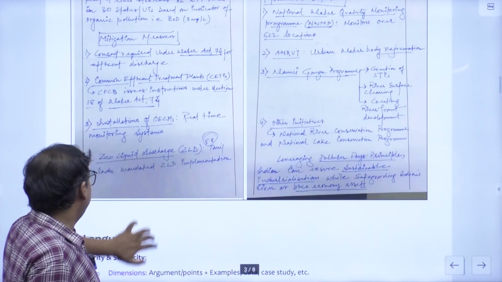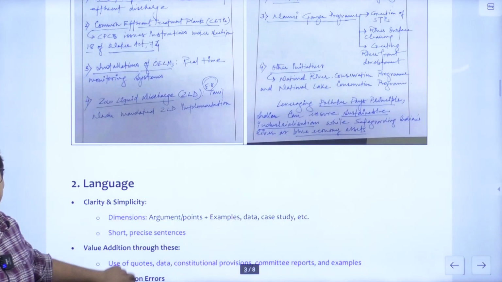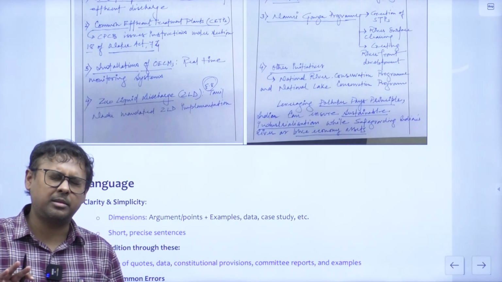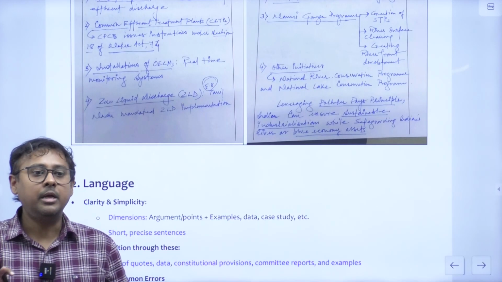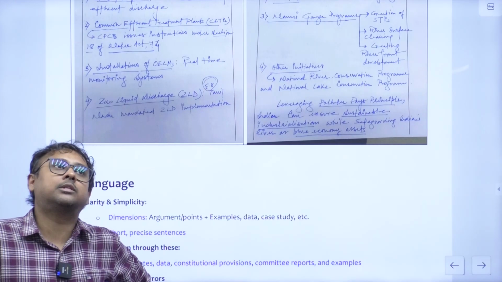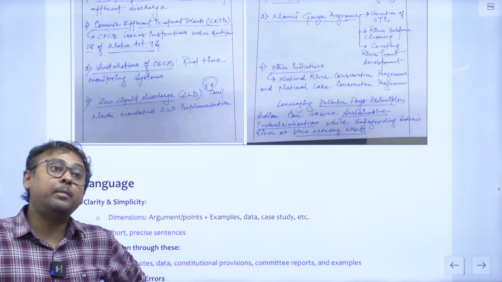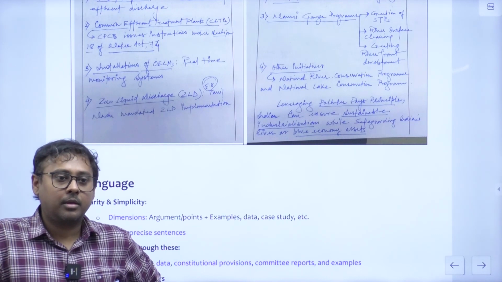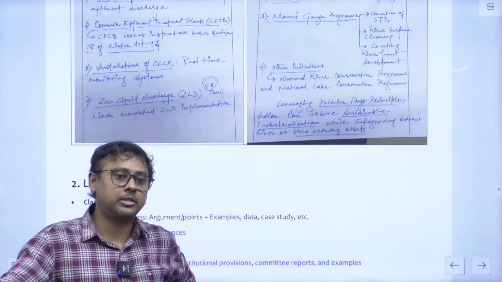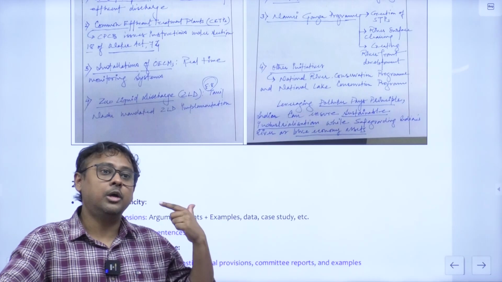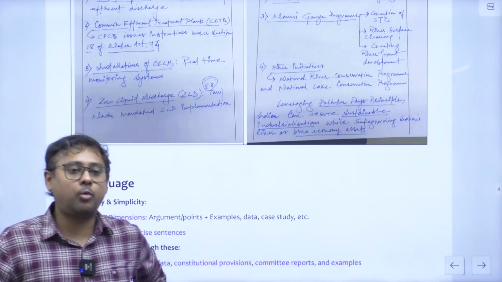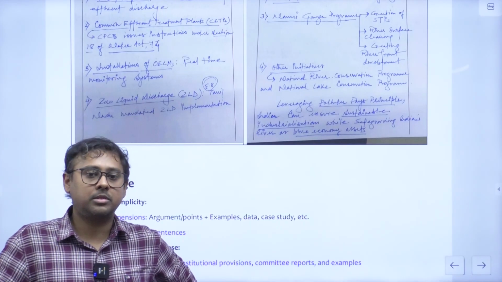Particularly in ethics answers, for scripts which range from 85, 90, 95, 100, the problem with that kind of answer script is that they have primarily given examples. UPSC is not seeking examples, particularly in ethics. They are asking you to use your cognitive ability to frame arguments and then validate them with examples.